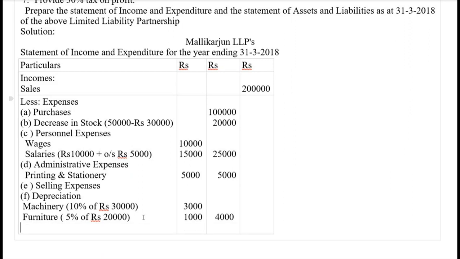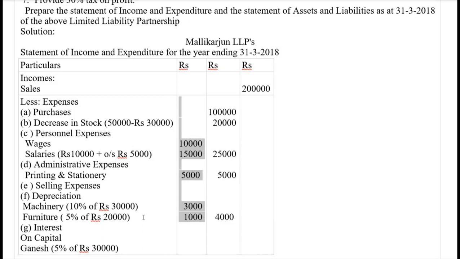Then after depreciation we have G, that is interest. Here under interest it is on capitals. If there is any interest on loan, that will come here also. We have two partners, one is Mr. Ganesh, whose interest on capital is given at the rate of 5%. 5% of his capital balance, given in the problem as 30,000, so Ganesh will get rupees 1,500 as interest on capital.